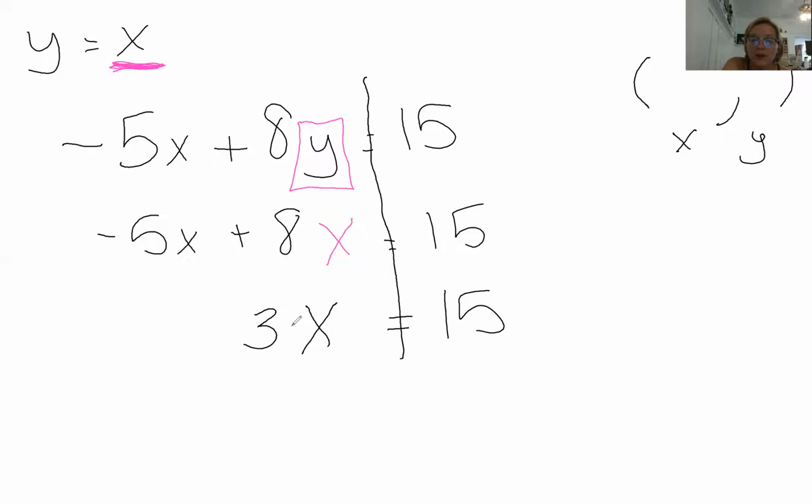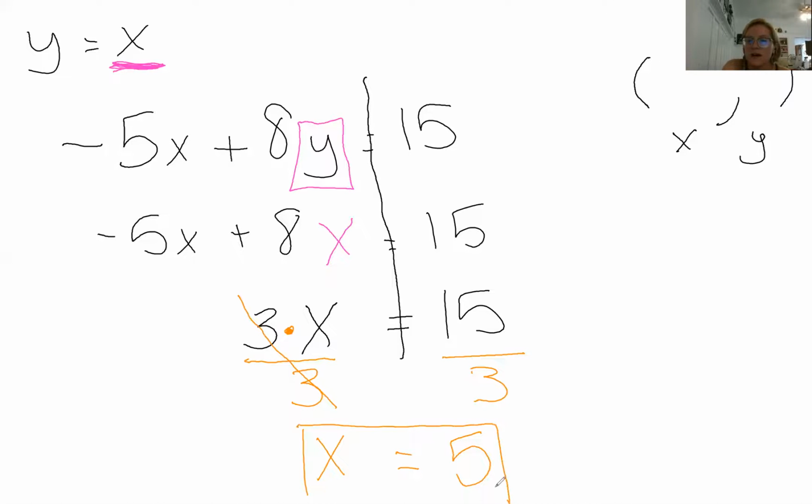When a number and a letter are smashed together, remember that that is a type of multiplication. So we're going to do the opposite to cancel. We're going to get rid of this 3. 3 divided by 3 cancels out with the 1, which means we are just left with our single x. 15 divided by 3 gives us 5. We find out that x equals 5.